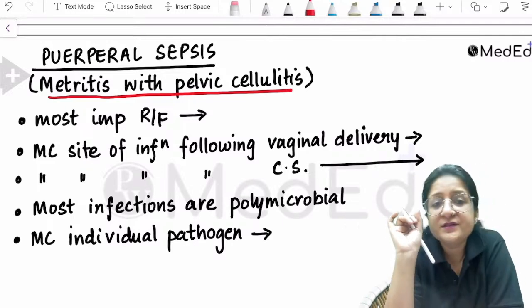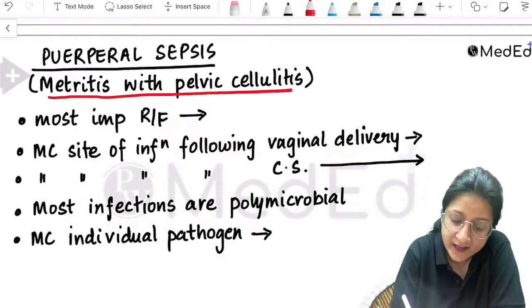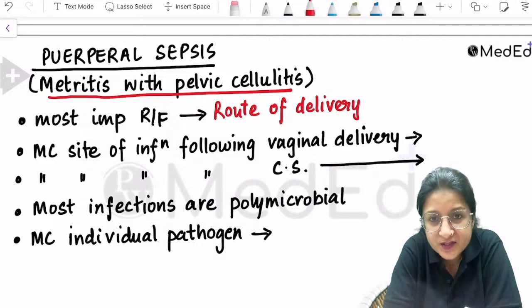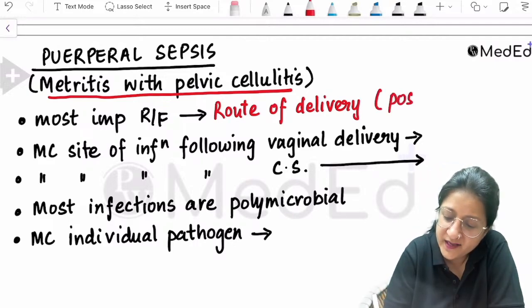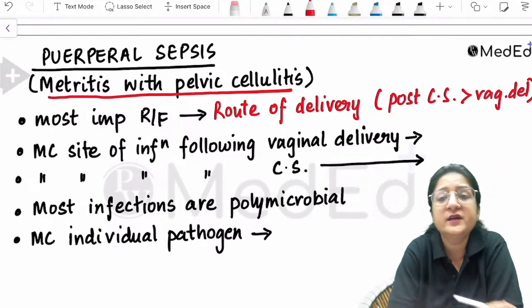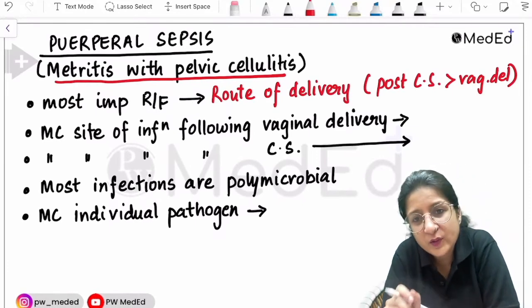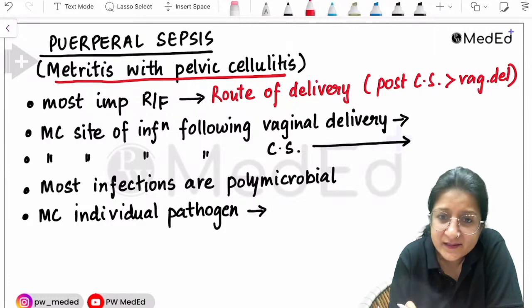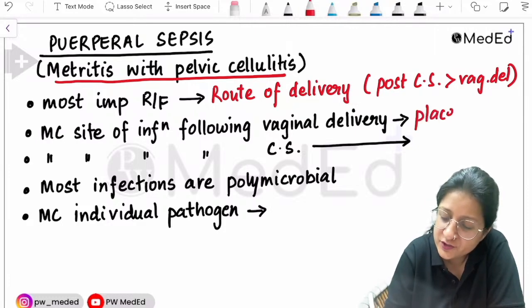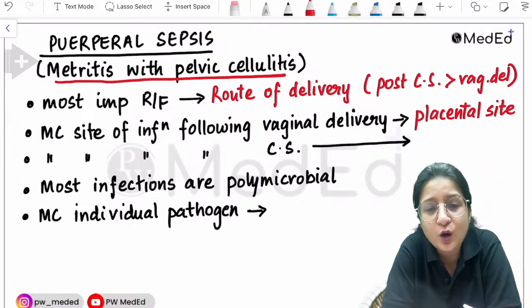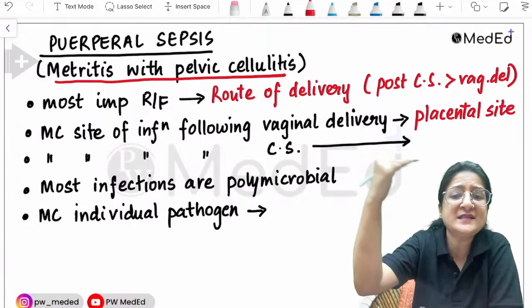The most important risk factor for puerperal sepsis is the route of delivery. The incidence of puerperal sepsis is more post cesarean section rather than post vaginal delivery. That's an important point to note. And if they ask you what is the most common site of infection following a vaginal delivery, the most common site is the placental site. Remember that, the raw placental site where the placenta was attached.